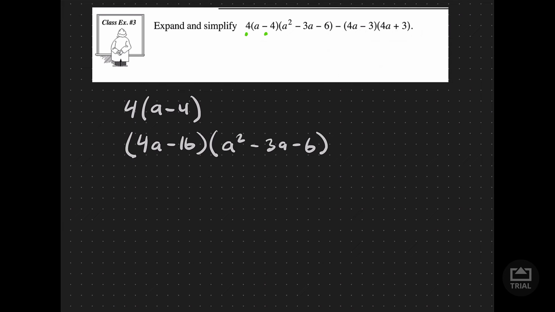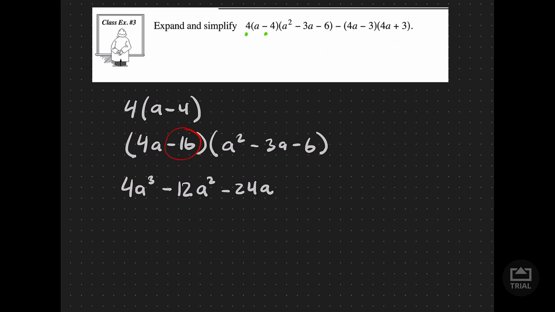So 4a times a squared is going to give us 4a cubed. And 4a times negative 3a is going to be a negative 12a squared. 4a times negative 6 is going to be a negative 24a. Move on to the second term, which is negative 16. And don't forget, it is a negative 16, not a positive 16.